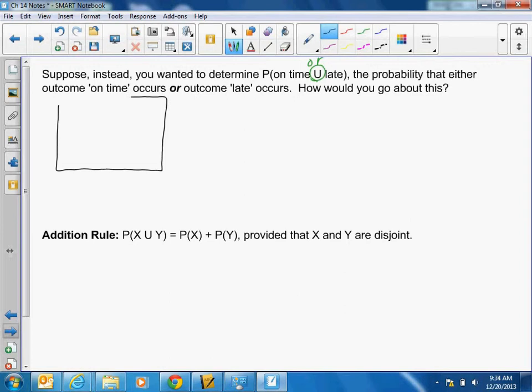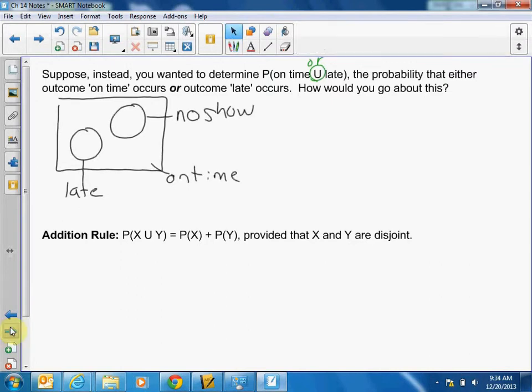In this case, we've got three things going on. I am either late, a no-show, or I am on time. Okay, so the probability that I am on time or late, I can calculate one of two ways here.